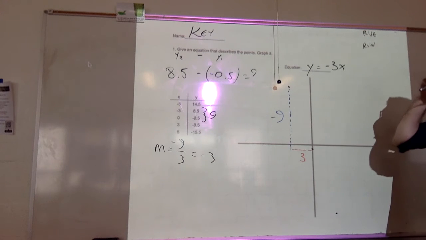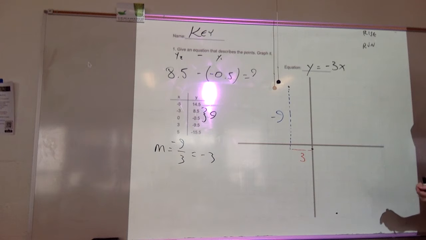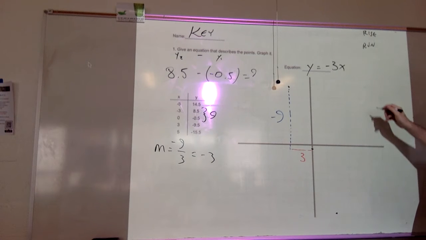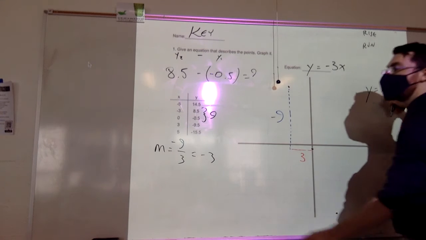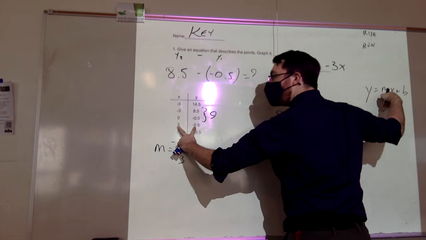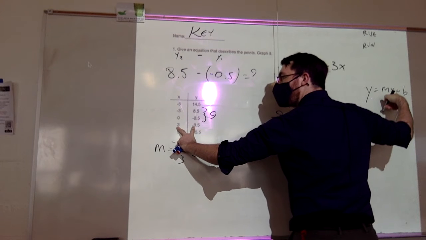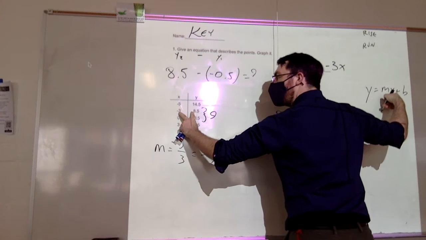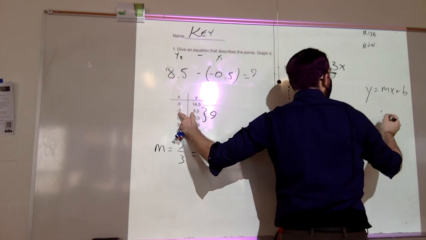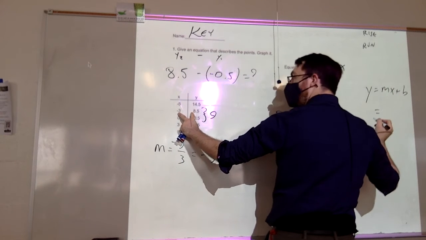But just in case you don't have such a sweet deal as that, let me go ahead and do a little actual math. I know y equals mx plus b. If m equals negative 3, I need to choose an x and a y that I don't mind doing math with. So I guess I'm going to actually do this one. Negative 3 and 8.5. Negative 3 is the x, and 8.5 is the y.